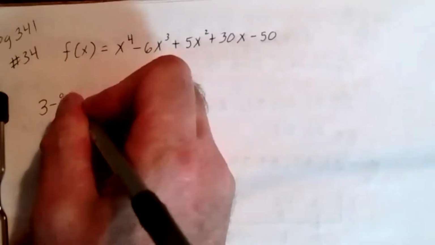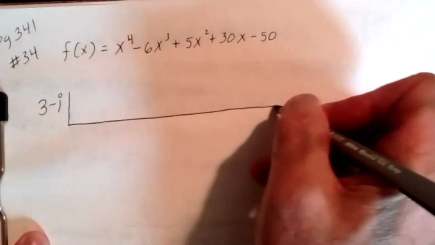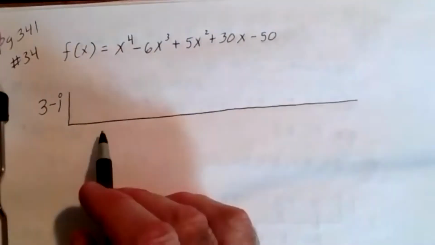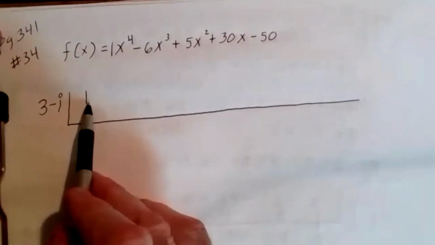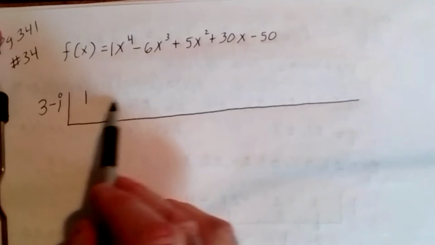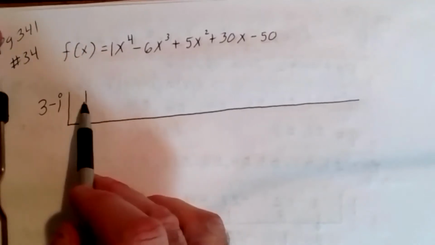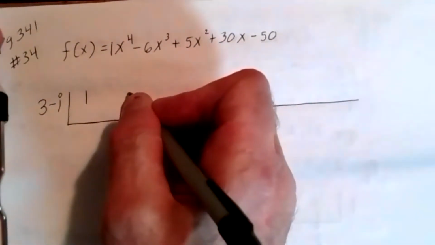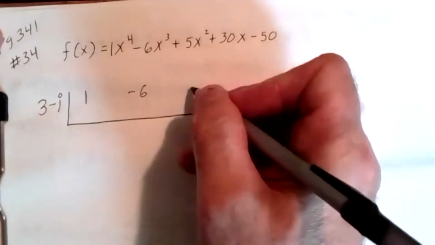So we're going to divide 3 minus i into the coefficients of this 4th degree polynomial, and they would be 1. Leave some lateral space between the coefficients. You'll see why. 1 and then -6, and then +5.